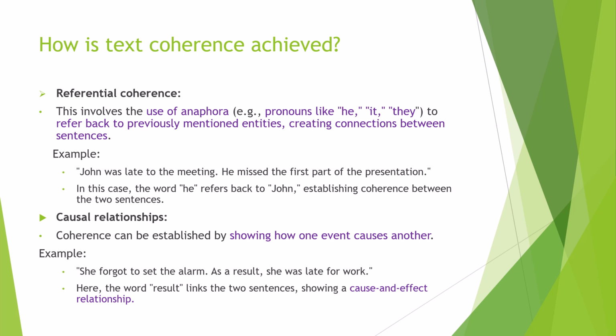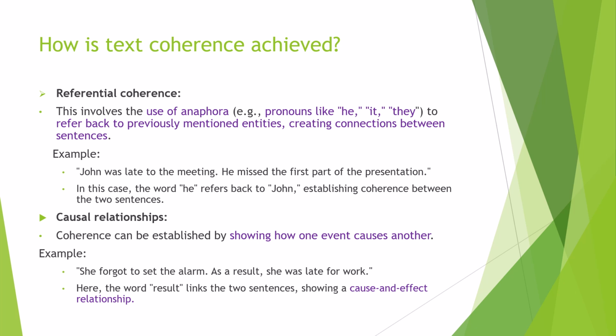Anaphora refers to pronouns that are referring to the previous sentence or previous entity present in the text. For example, he, she, they, and all refer back to the previously mentioned entities. It shows the relationship between the second sentence and the first one. It creates a connection between sentences.